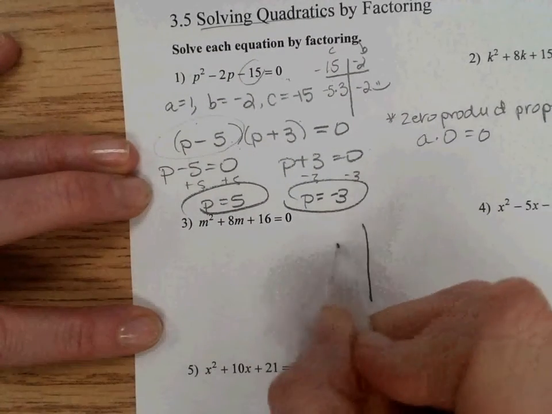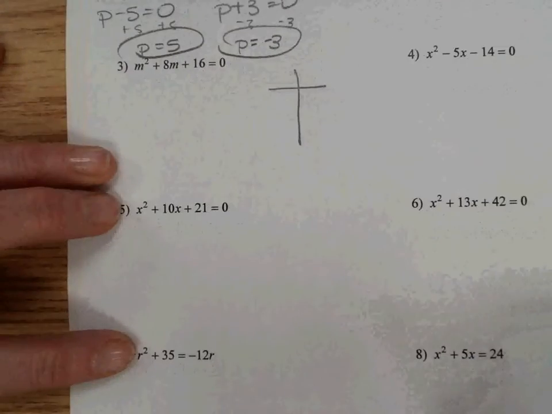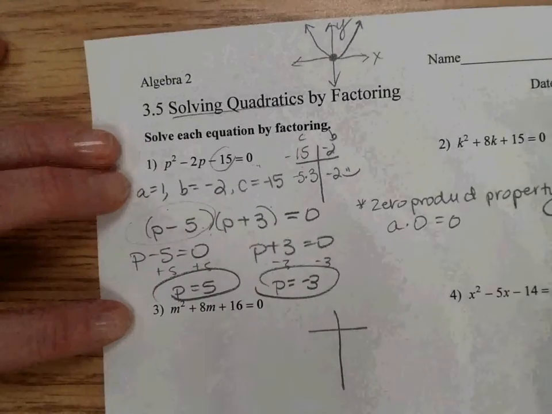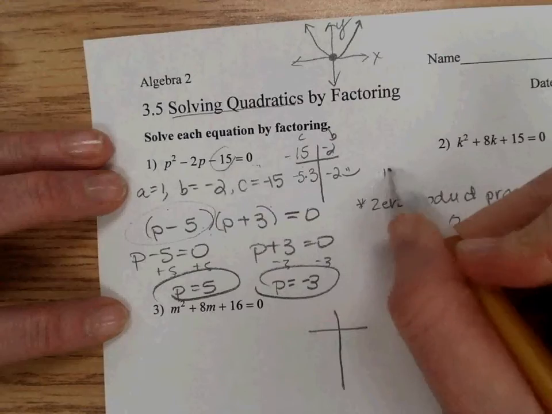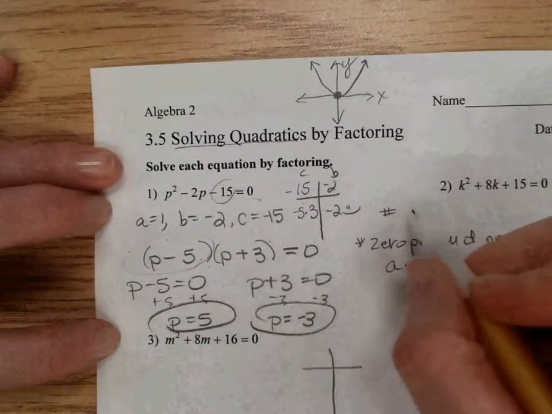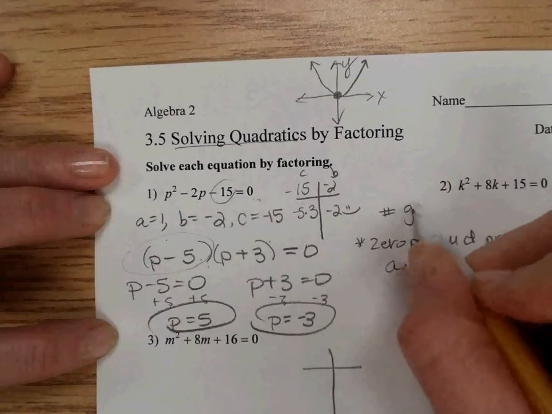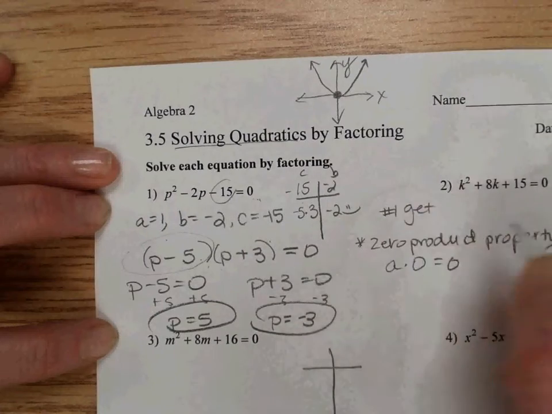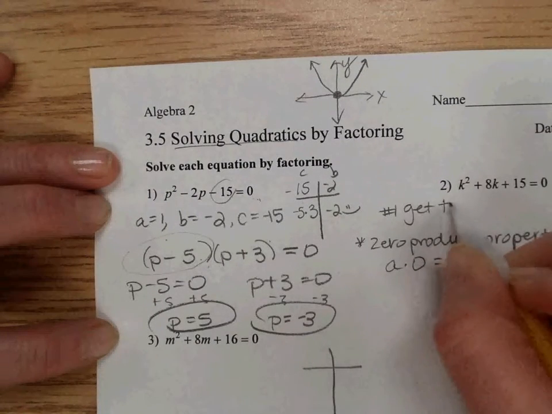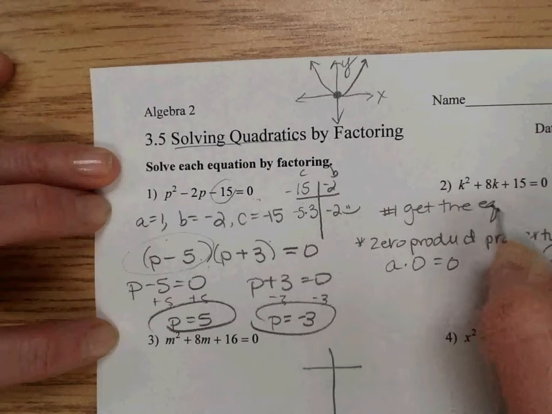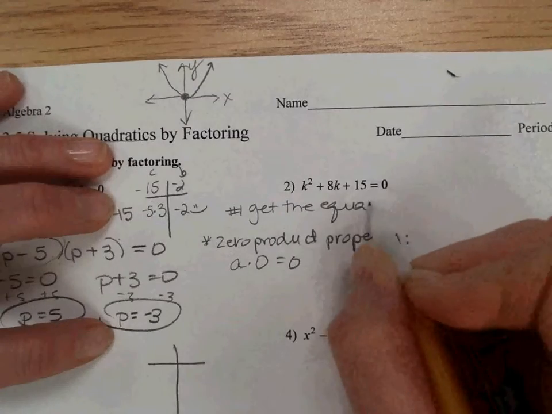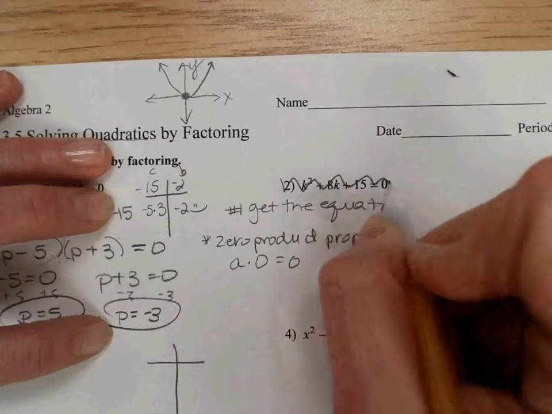So these on the front page, your first step here, which was already done for us, is to get the equation into standard form. This is step number 1. We'll scratch out number 2. You're not responsible for doing that one.